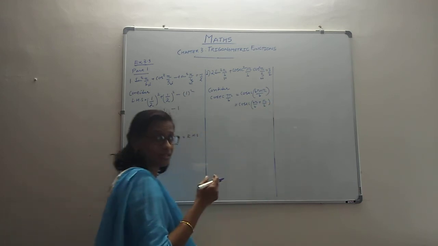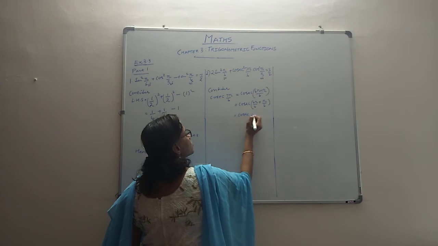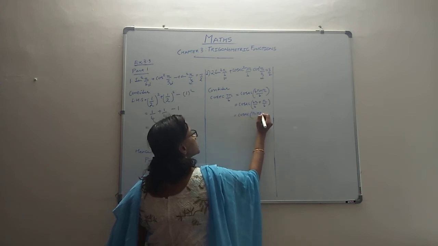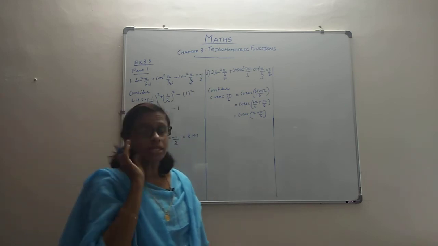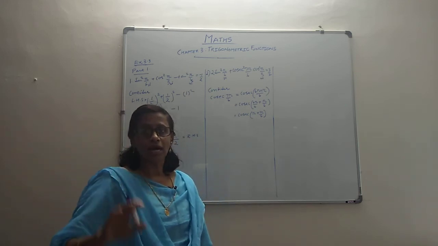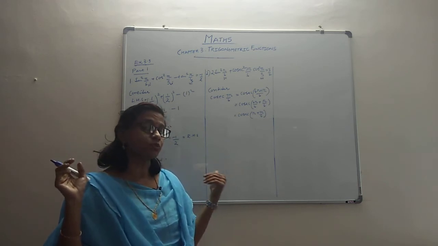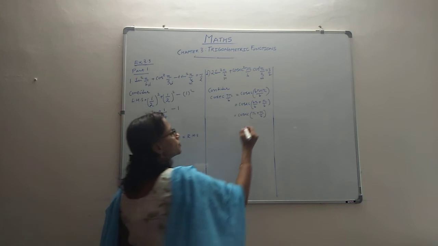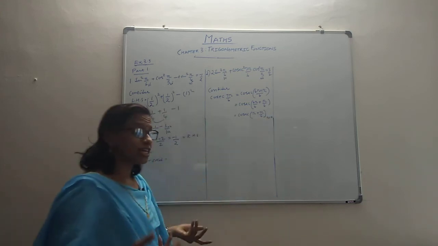Now the 6 and 6 cancel each other, and you will get cosec of pi plus pi by 6. Whether it is pi, 2 pi or whatever, our first work is to classify into a quadrant. Now this is of the type pi plus theta. So which quadrant does it lie in?